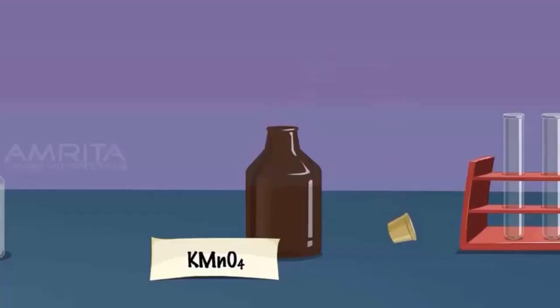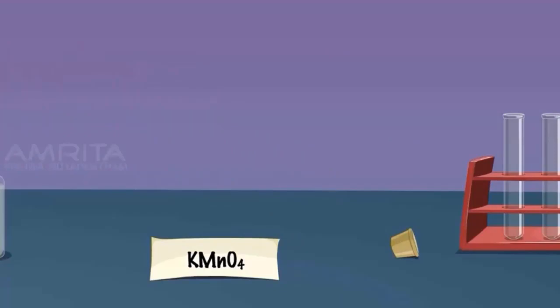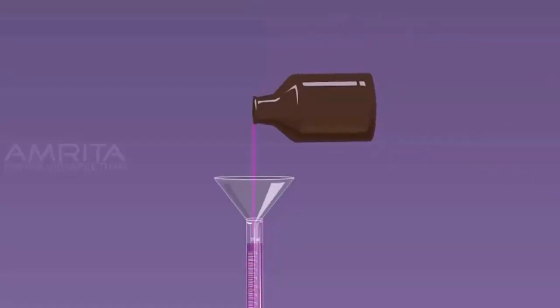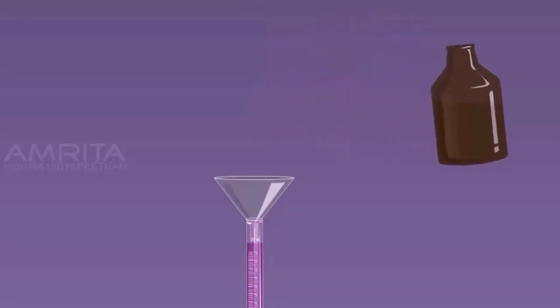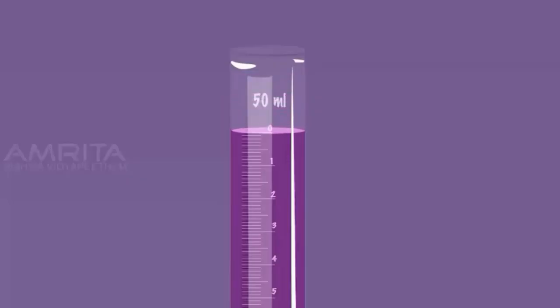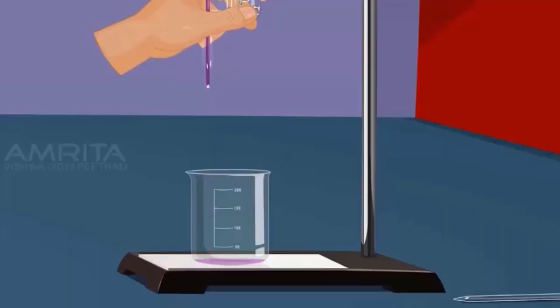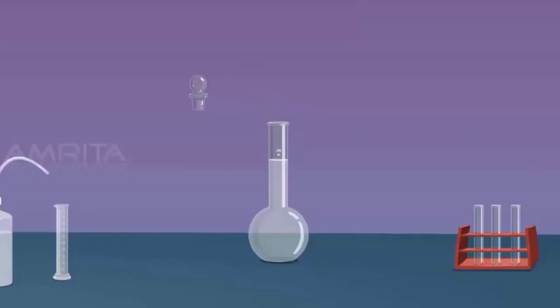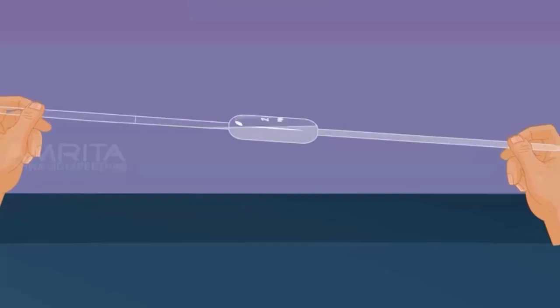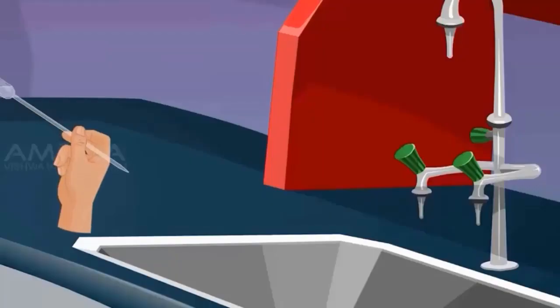And then we place the funnel and introduce the titrant, which is KMnO4, in the burette. We open the tap until the level of the titrant reaches the 0 mark. Now, for the analyte, we withdraw a certain volume of the analyte in the pipette to rinse it well before starting.